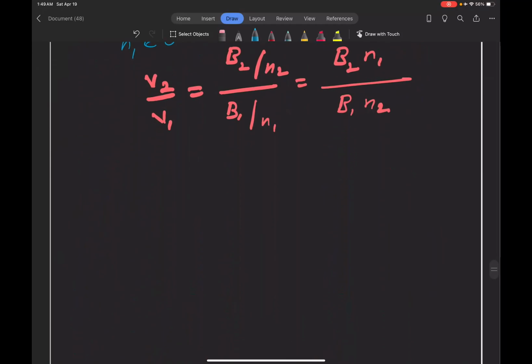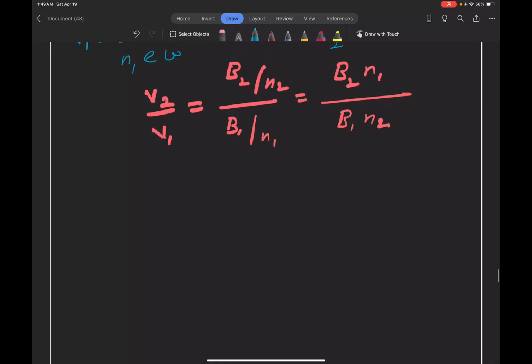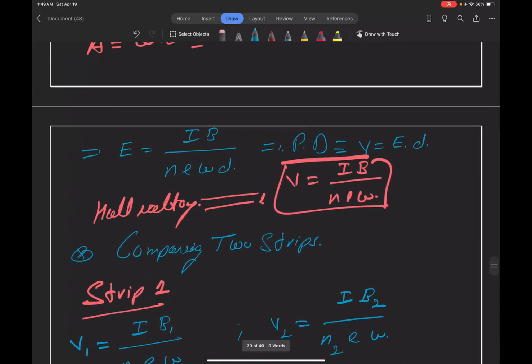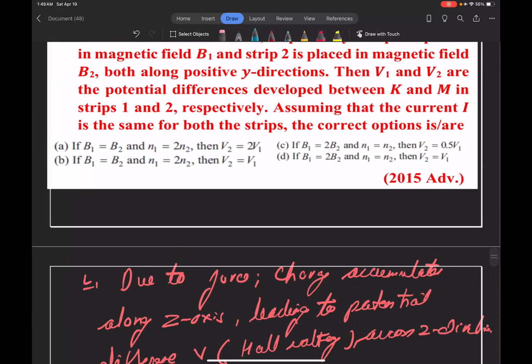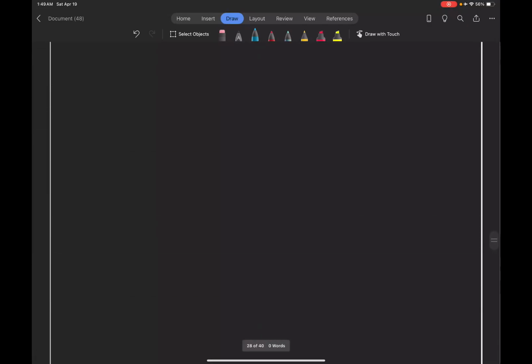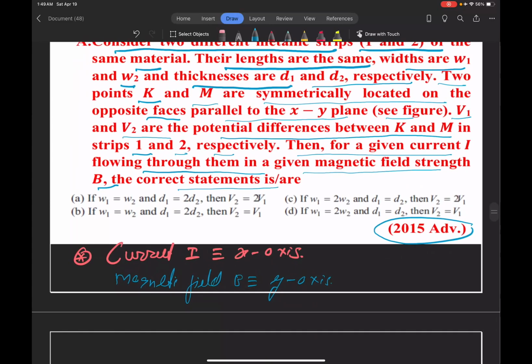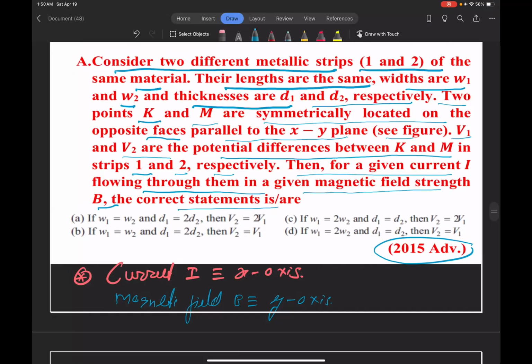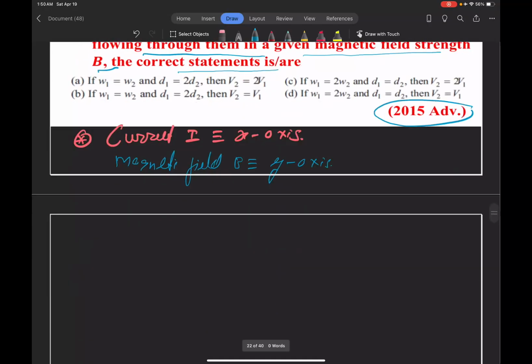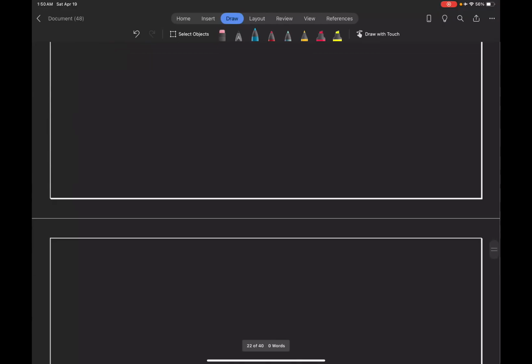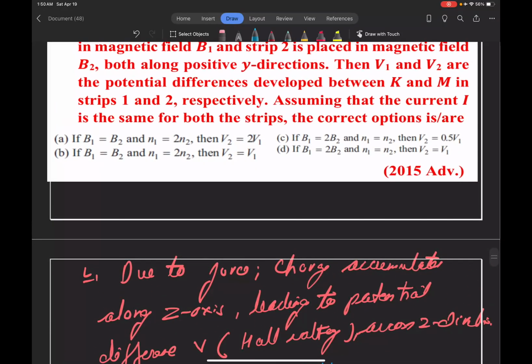so let us check the options one by one. In option A, we are given that B1 is equal to B2 and N1 is equal to twice N2.